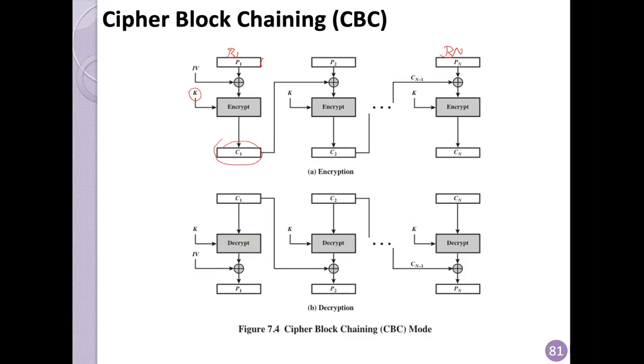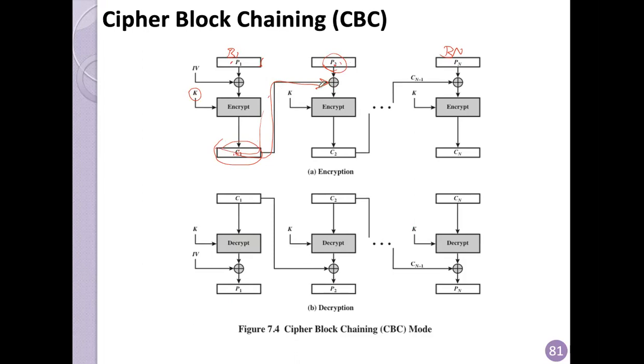This is ciphertext number 1, which is the encrypted version of block number 1. When you are encrypting block number 2, before actual encryption, you XOR it with ciphertext 1. So here we are somehow chaining block number 2, making it dependent on the ciphertext of block number 1.